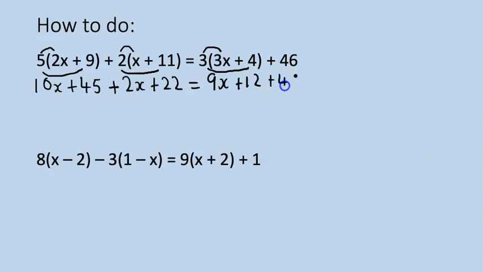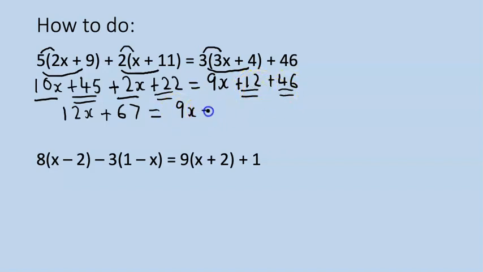And then plus 46. I then collect up my x's on the left hand side. So I get 12x, and then collect up my numbers, 45 plus 22. That's plus 67. On the right hand side, 9x is the same, but I've still got to collect up my numbers here. 12 plus 46 is 58.